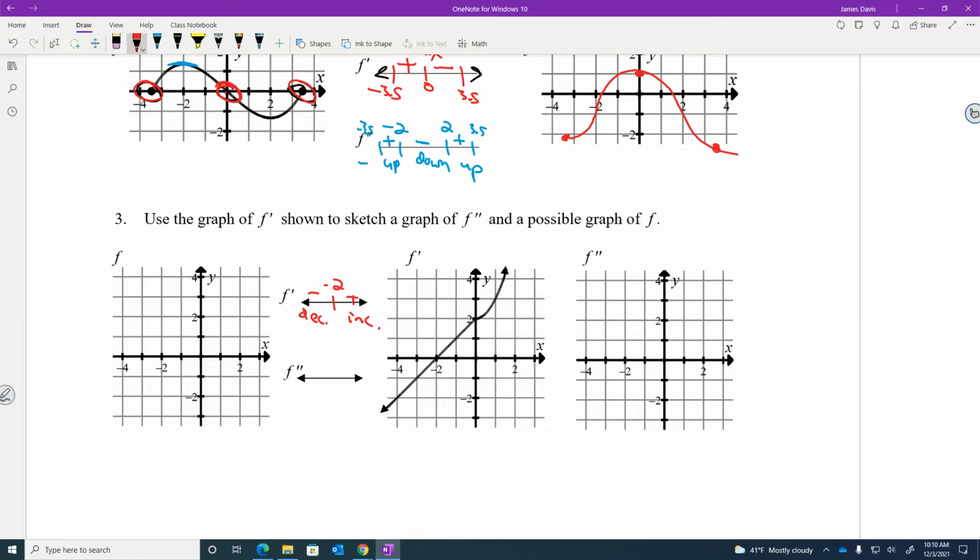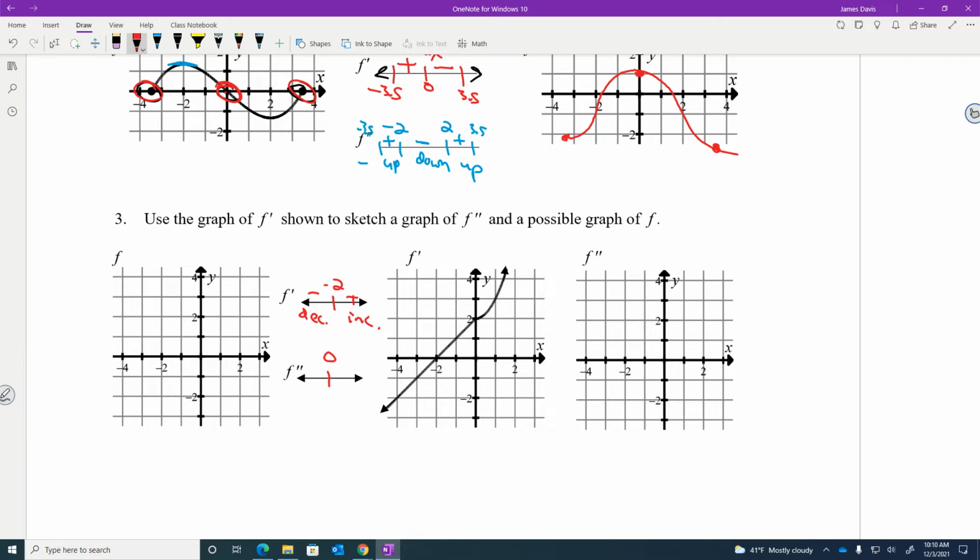F double prime. What's a point that we want to put here? Yeah. So at 0 here, it's not really a min or max necessarily, but it looks actually kind of like it's undefined, right?